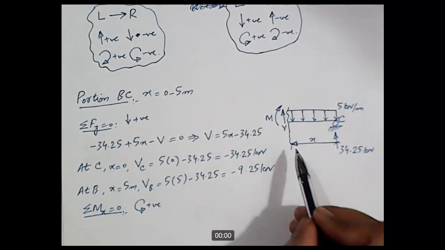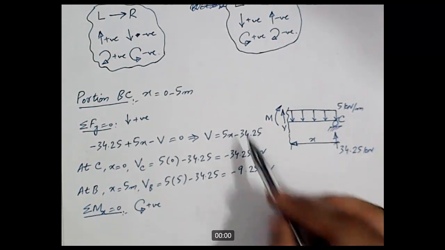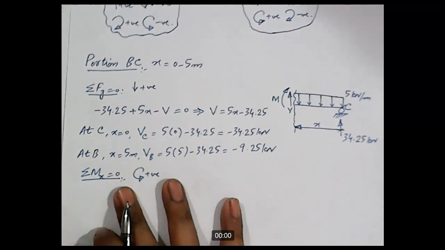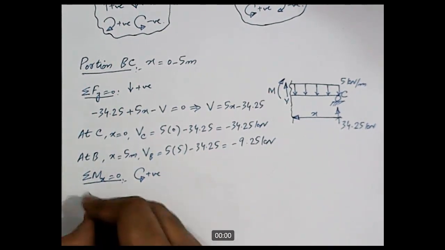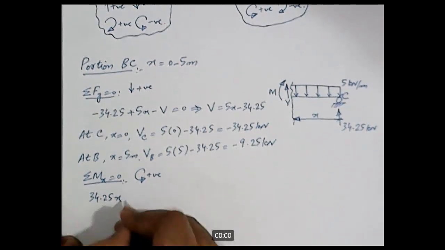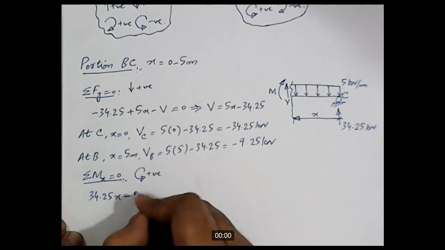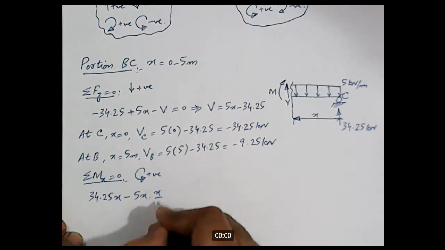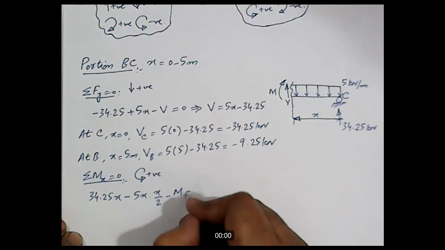If we start from this side, 34.25 is producing movement in counterclockwise direction about the section, so it will be positive: 34.25 into x, minus the moment because of the UDL, that is 5x. 5x is the resultant of the UDL, into x by 2, that's the lever arm, and then minus M because M is in clockwise direction, and that is equal to 0.